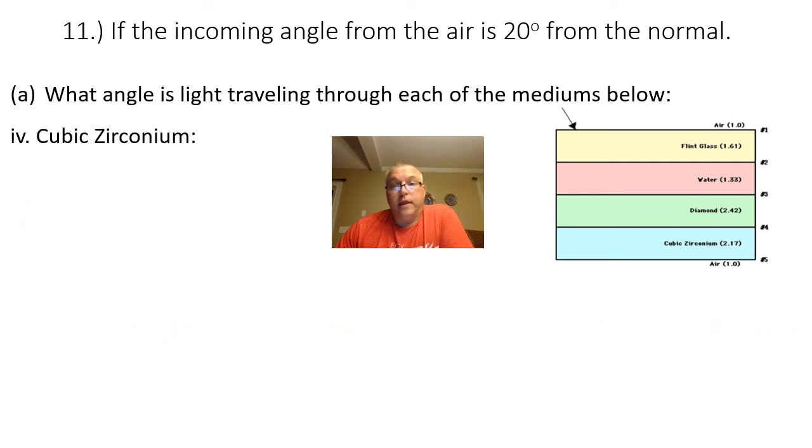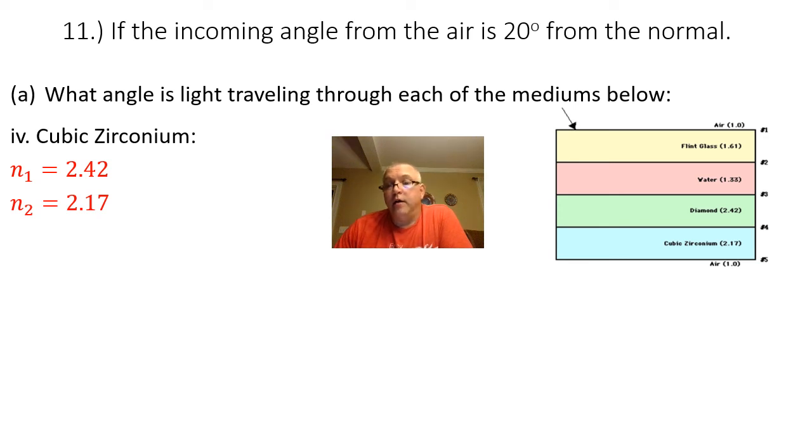Now to find the angle of refraction going into the cubic zirconia. We're almost through this stuff, folks. We're almost there. So now we're going from the diamond into the cubic zirconia. So the diamond is now my incident medium, and my index of refraction for that, n1, is 2.42. The cubic zirconia is my refractive medium, and my index of refraction for that, n2, is 2.17.